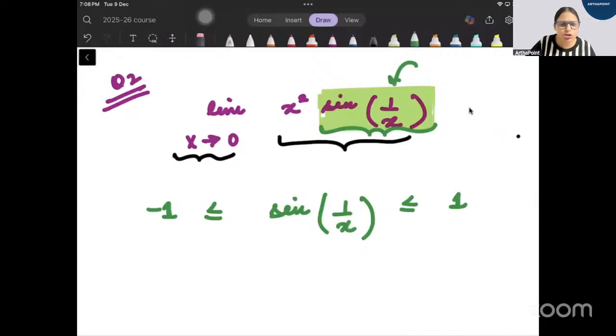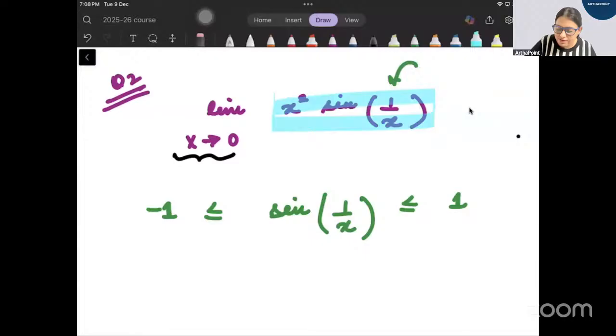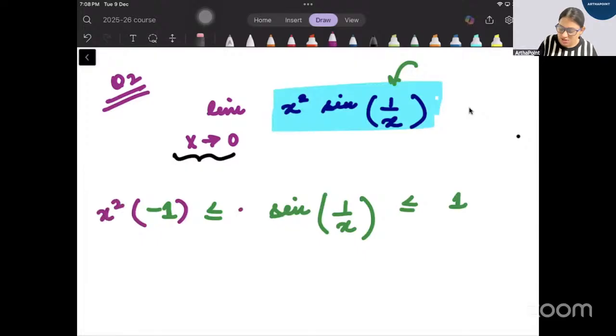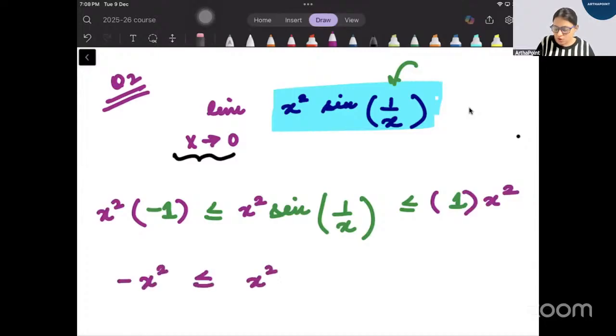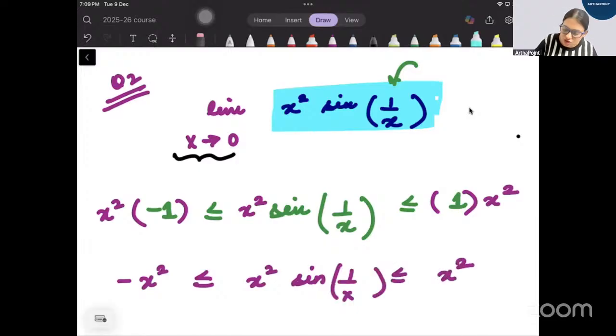But what is the function given to me? The function given to me is x square into sine 1 by x. So I need to multiply it by x square. I will multiply x square on all sides, and I'll get minus x square less than or equal to x square sine 1 by x less than or equal to x square. I will check the limit of these two extreme functions.